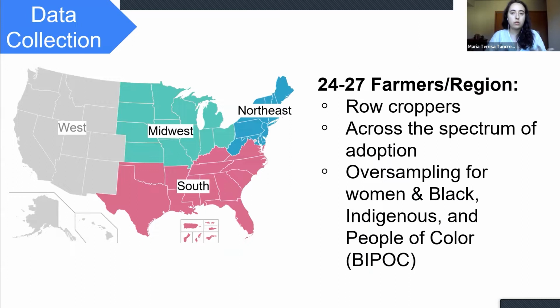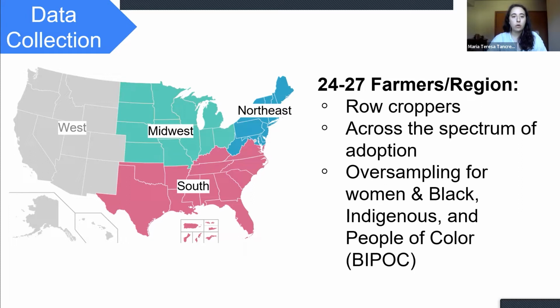So both farmers that use and don't use cover crops. And we're trying to oversample for women and Black, Indigenous, and people of color, because usually those farmers are not as included in research on commodity ag. So we're trying to stress a little bit these two groups and try and get their points of view as well.